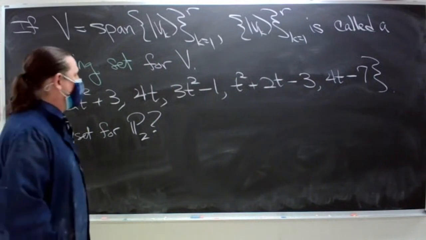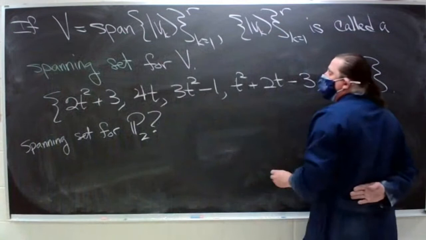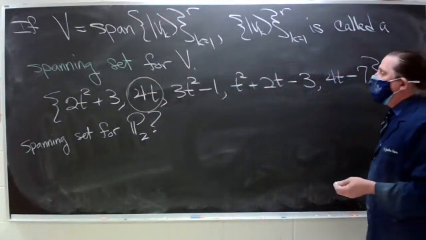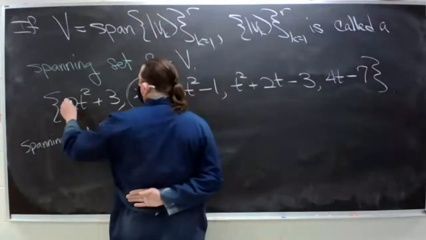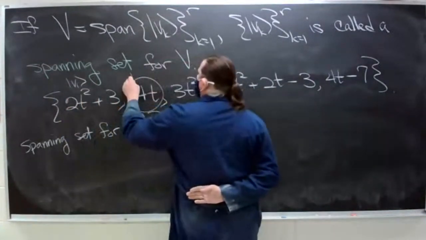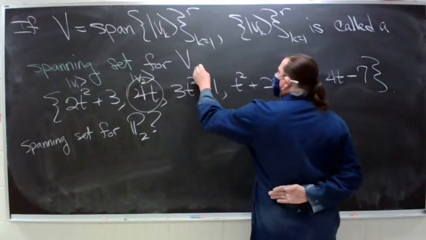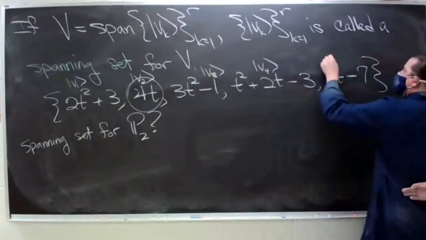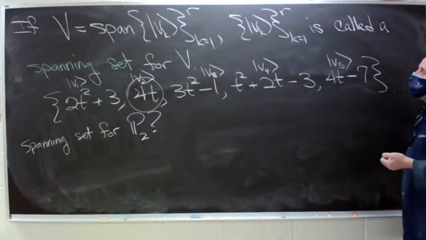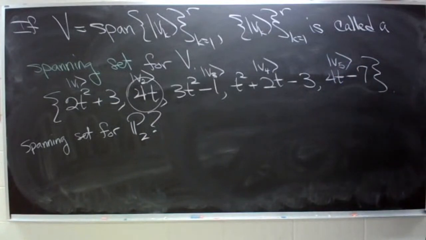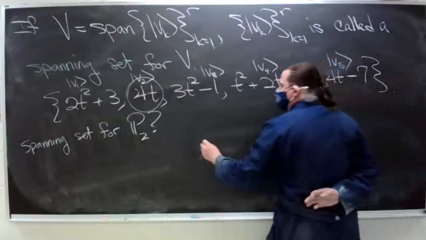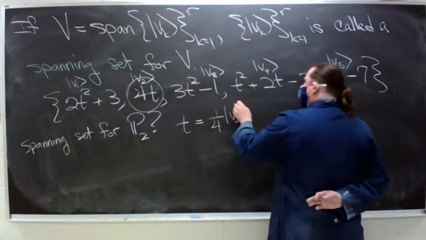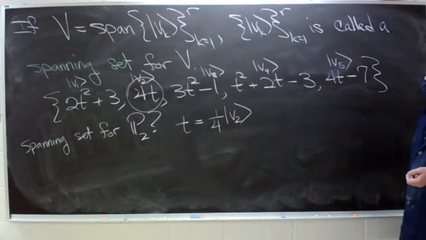How do I know that? Well, from here, I can always get t. If I called these vectors v1, v2, v3, v4, and v5, I could say t is equal to 1/4 v2.